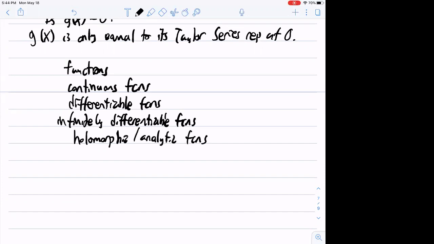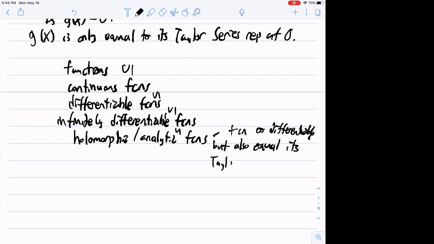They're all subsets: continuous functions are a subset of functions, differentiable functions a subset of those, and so on. Analytic functions are infinitely differentiable, but also equal their power series representation, their Taylor series representation.